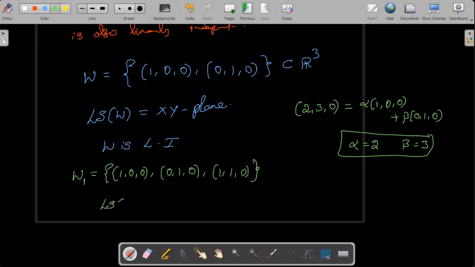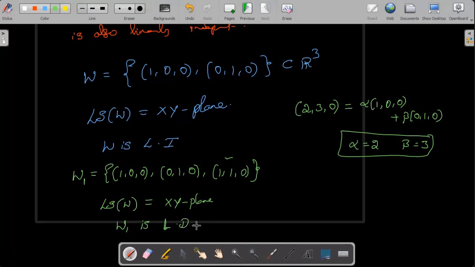Now if you look at the linear span of W, it is nothing but the XY plane only. Earlier this W was linearly independent, but now it is not linearly independent. Why? Because this third element is a linear combination of the first two elements. Therefore, here W1 is linearly dependent.